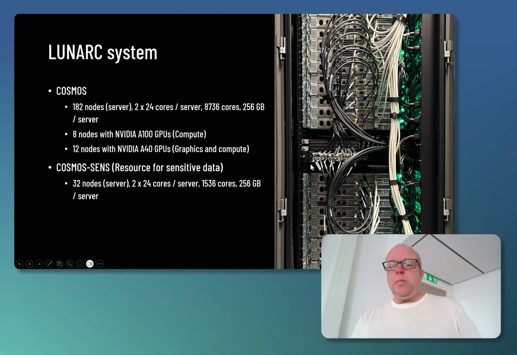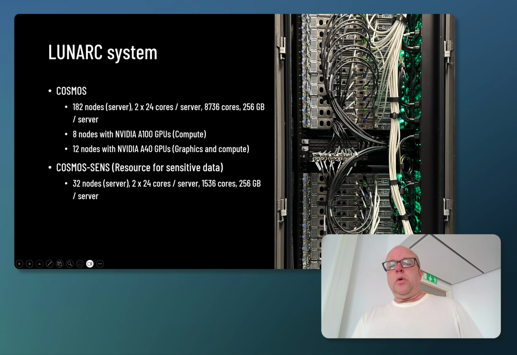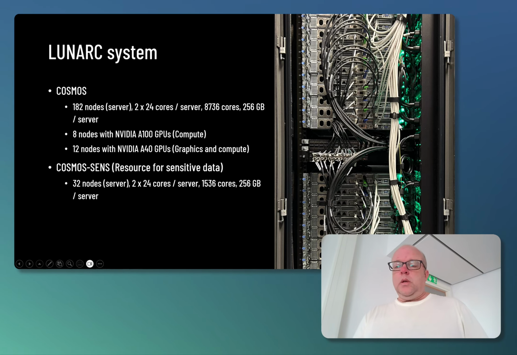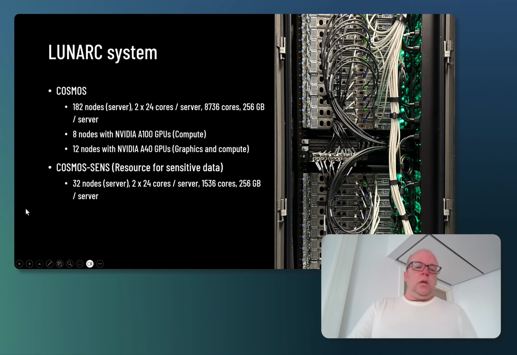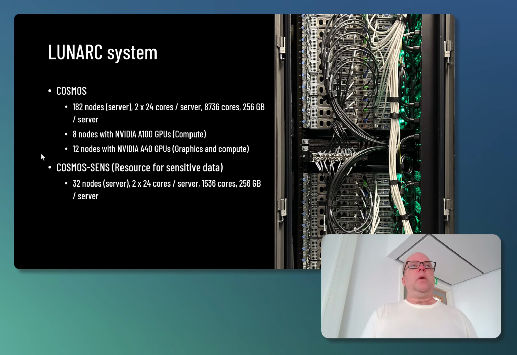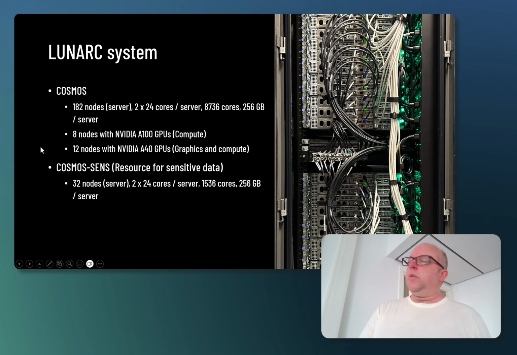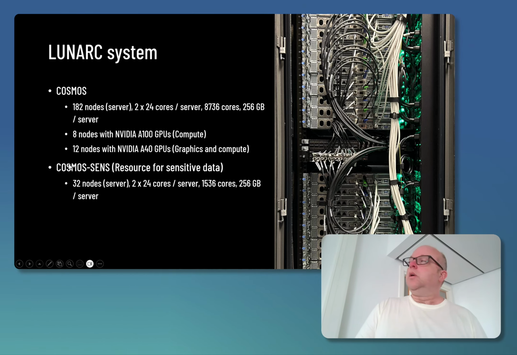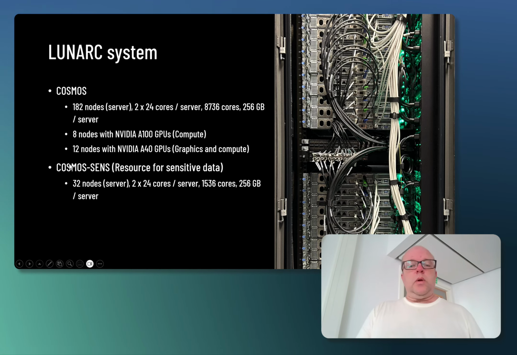And these black cables here are the InfiniBand network that connects the servers together. The white ones are normal Ethernet connections. So we have multiple networks here. We also have a special cluster for sensitive data, for doing computation on human DNA or medicine data, which has some restrictions on how you can access the internet and so on.